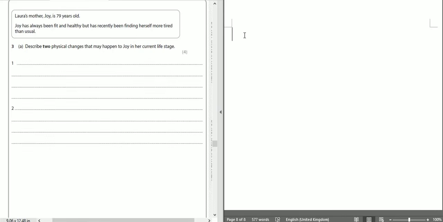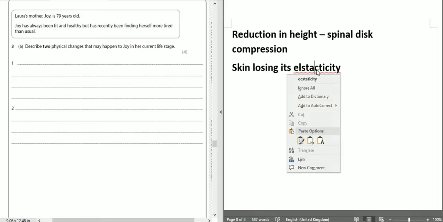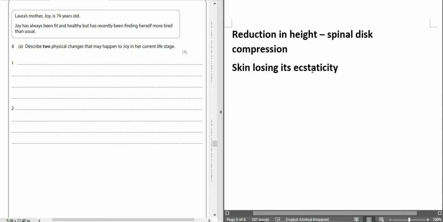So some of the physical changes we could think about is stuff like a reduction in height, and that's due to spinal disc compression. Obviously, that's one change that happens in later adulthood. We could talk about skin losing its elasticity. Obviously, it's the fancy way of saying wrinkles.